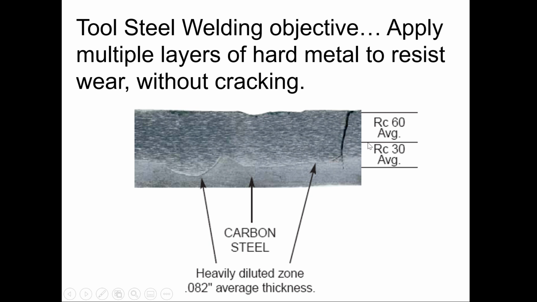And we've taken a tool steel and we've put a layer over top of it. Now, dilution is the question here. Dilution is how much hardness do I have in this layer, because the carbon steel has infected, if you will, this first layer. Now, this dilution that we're dealing with will actually take away some of the hardness.